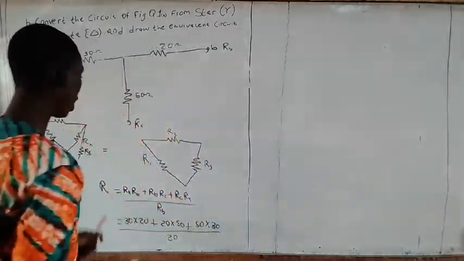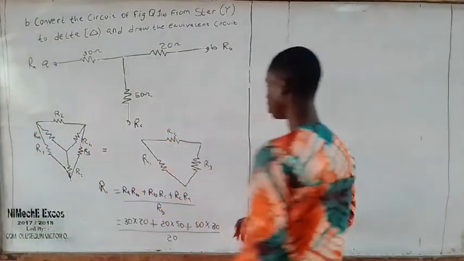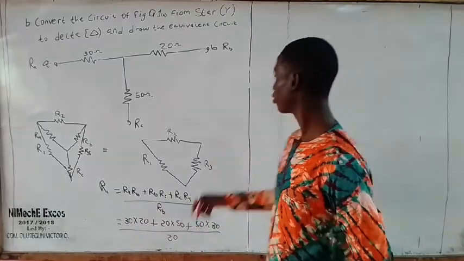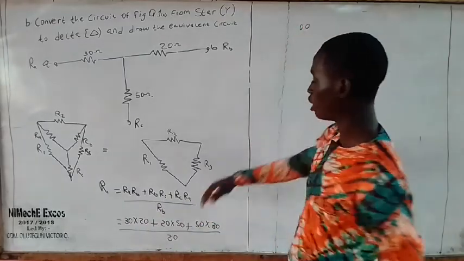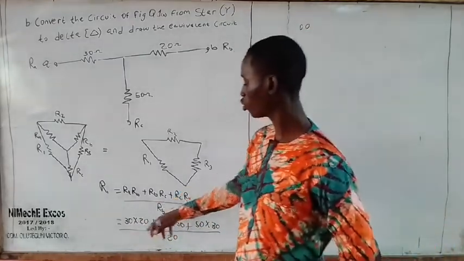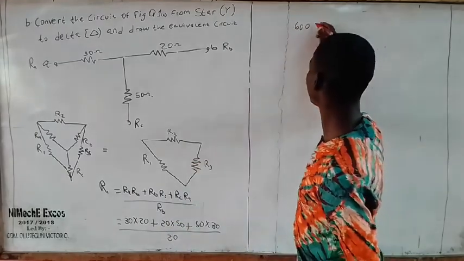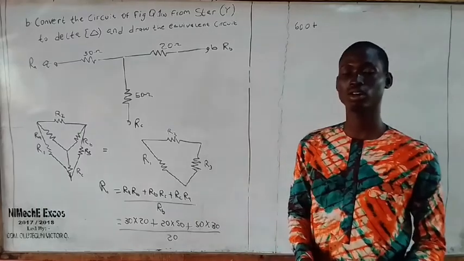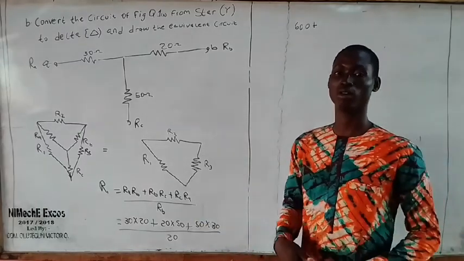Okay, R2. Now, how do you find this? 30 times 20, with the zeros. When you multiply, 3 times 2 is 6. If you want to solve this, you can make use of a calculator to be faster.